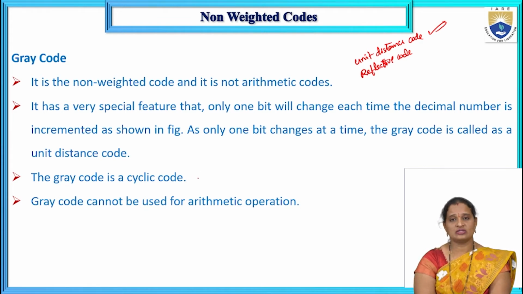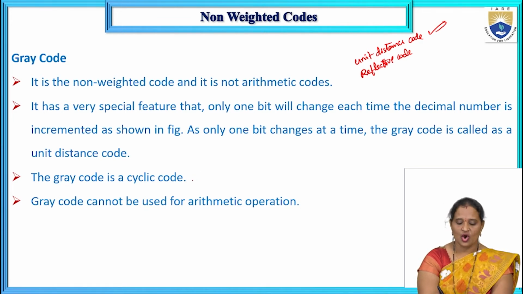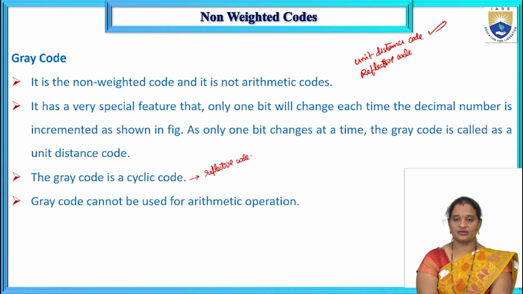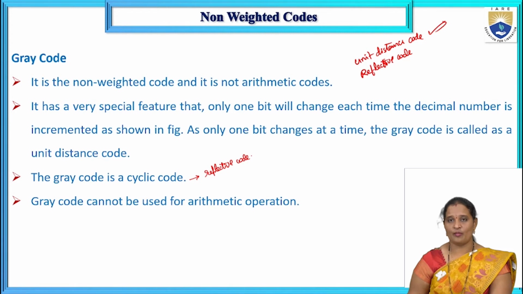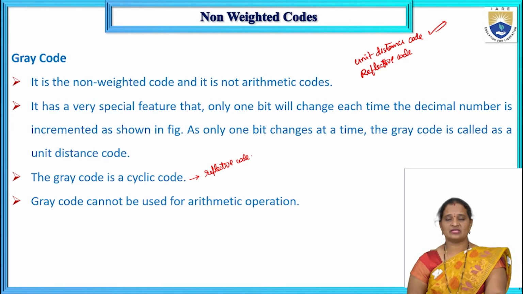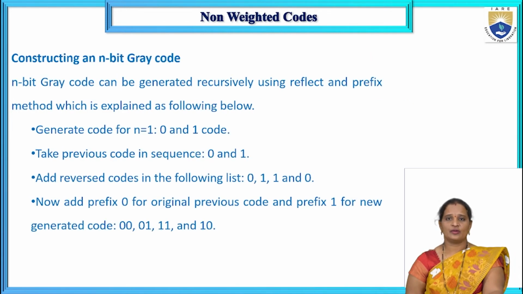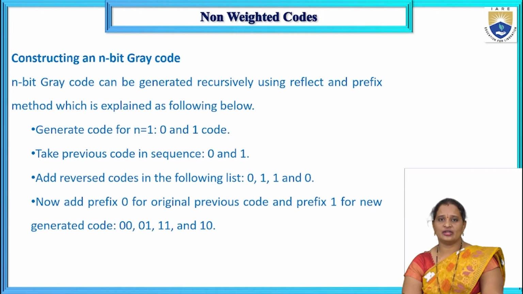The gray code is also called cyclic code, or else we can also call it reflective code. Why it is called reflective code, we'll see. Gray code cannot be used for arithmetic operations. So this is the basic introduction about gray code. So how to construct an n-bit gray code?